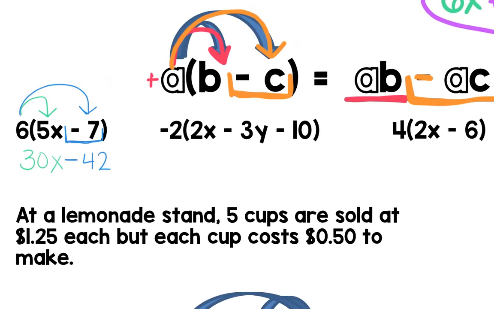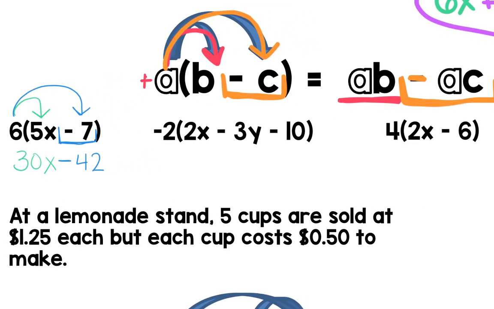Where it gets a little tricky is when your coefficient is negative, like this one right here. So we're going to distribute this negative 2 to this positive 2x. Negative 2 times positive 2 is negative 4x.